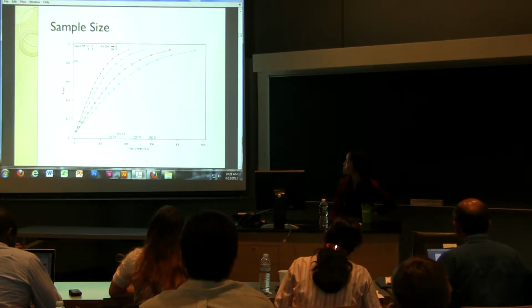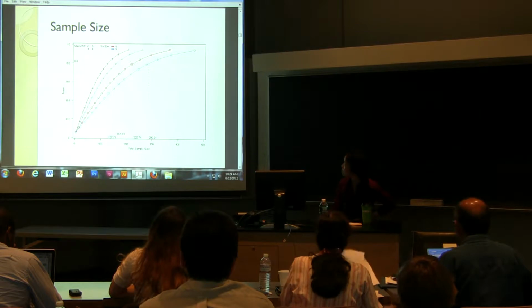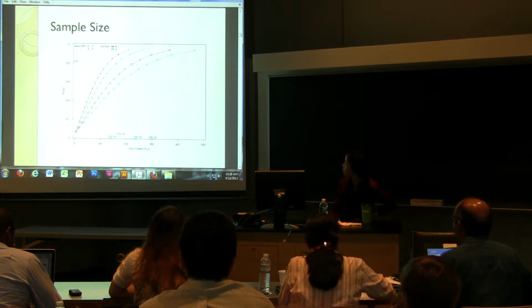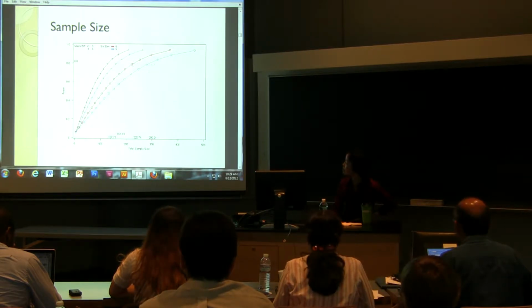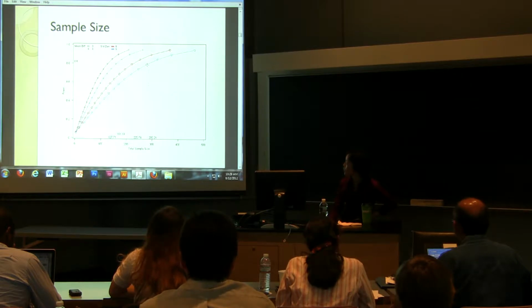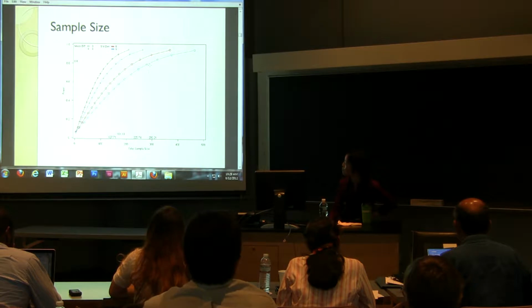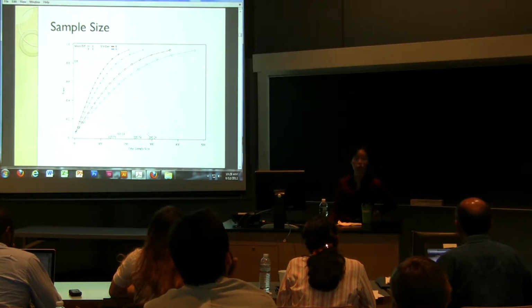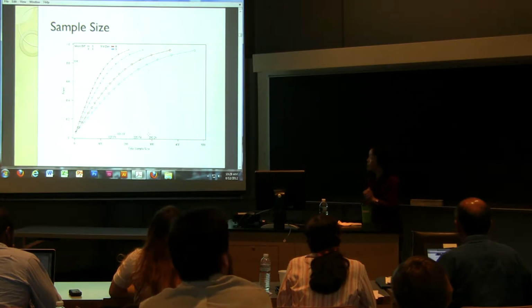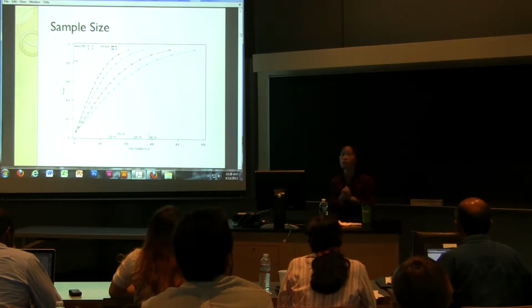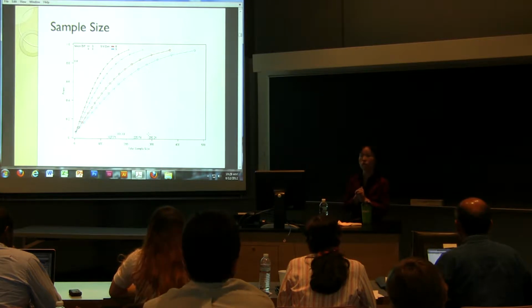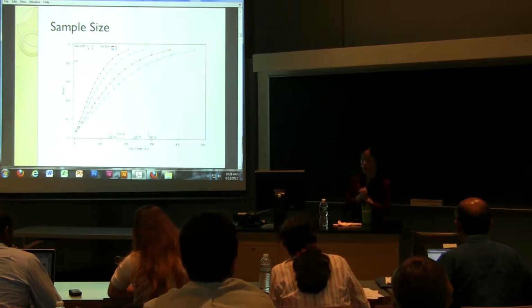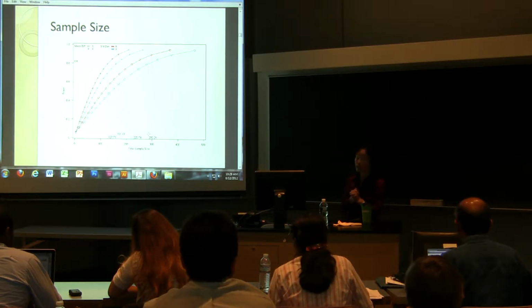However, if we compare these two lines, different colors but both with the circle symbol, you can see when the standard deviation, the blue line, is bigger, we require a larger sample size. So in this way, we know the sample size is inversely correlated with the group difference and positively correlated with the standard deviation.